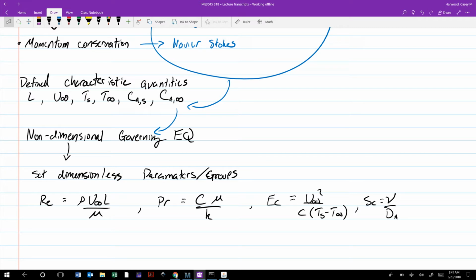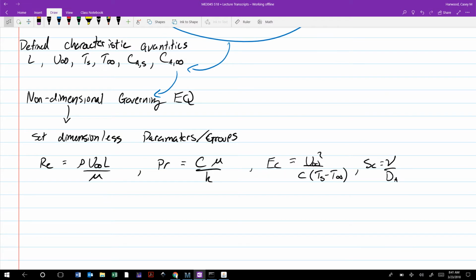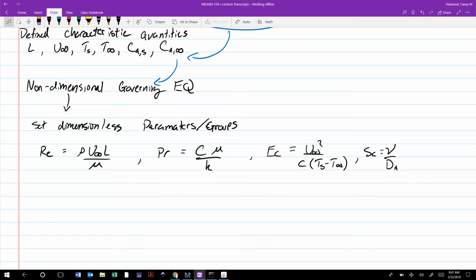To wrap up what that does for us: we've established that it's really hard to solve those equations directly. What this non-dimensionalization allows us to do is look at the equation and the terms involved, and say, based on the way that equation is formed, which of these parameters do I think affect the solution of interest?